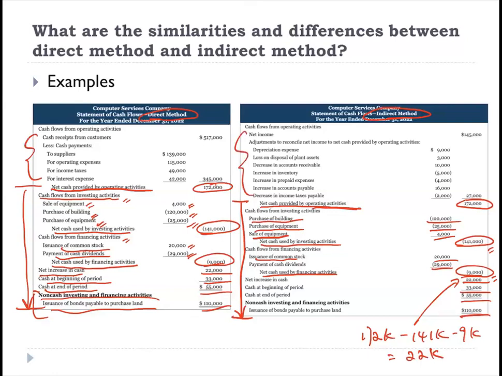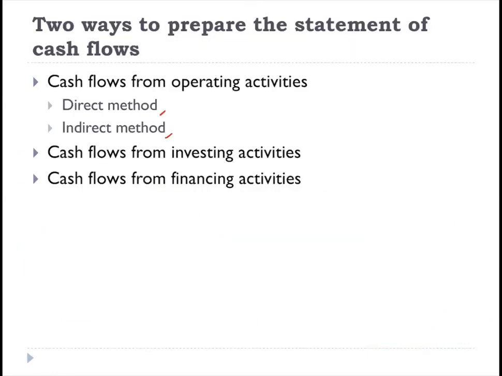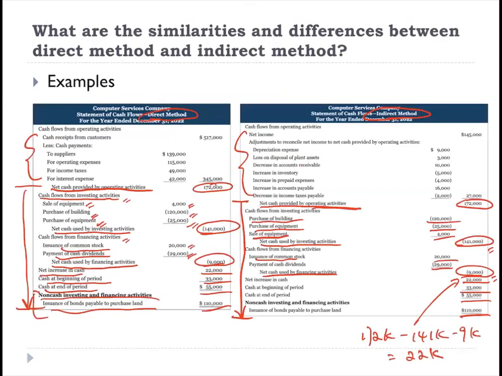How are we presenting the cash flow from operating activities? That's actually why we're talking about the direct method and indirect method. The only difference is in cash flow from operating activities. Cash flow from investing and financing activities isn't affected by whether the firm uses the direct or indirect method.